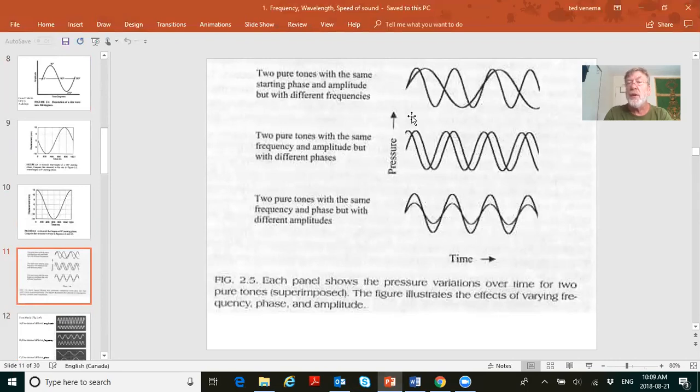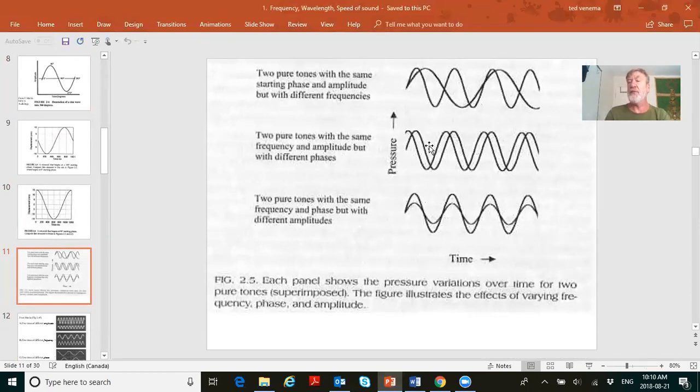So if this is all time, see how they're showing you time on the horizontal, amplitude or pressure on the vertical, just call this amplitude, okay, or loudness, whatever. Okay, these 2 tones here, they differ only in frequency. They don't differ in amplitude because their height is the same. Okay, this is the same loudness. They just differ in frequency.